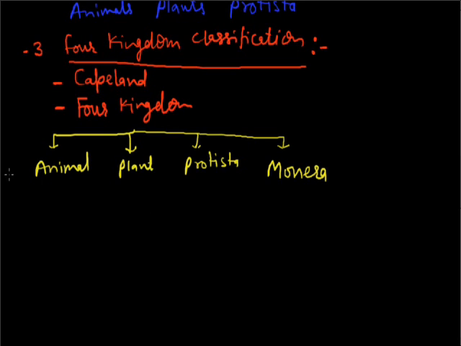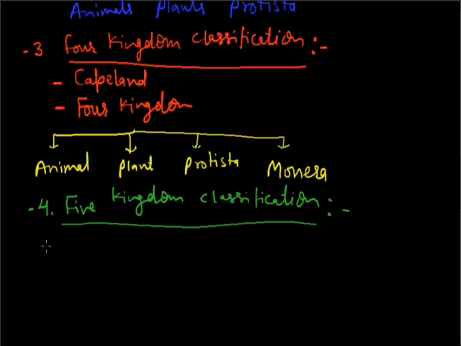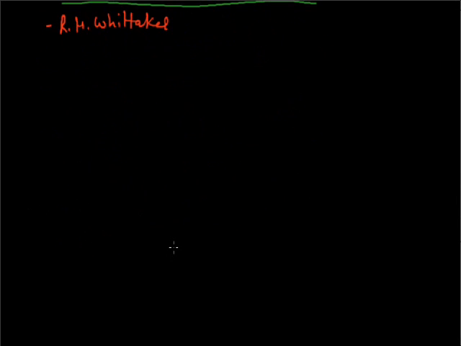Now we discuss the five kingdom classification, which was given by R.H. Whittaker. According to this classification, the living beings are categorized in five groups. First, animals.